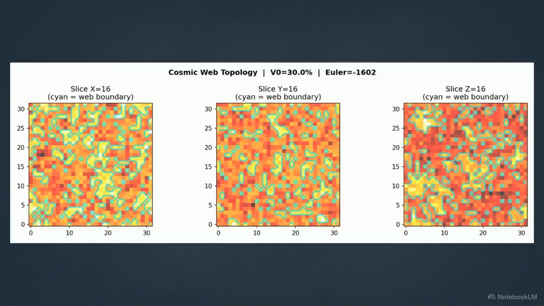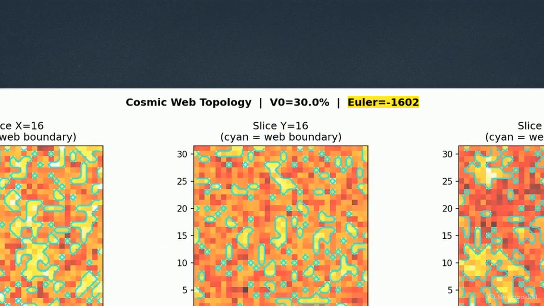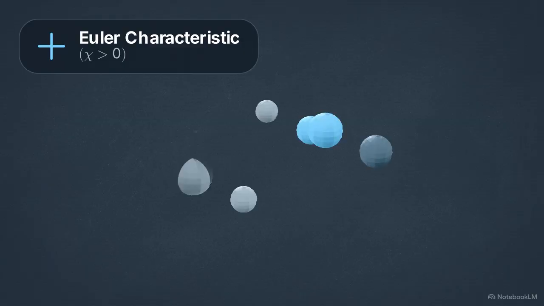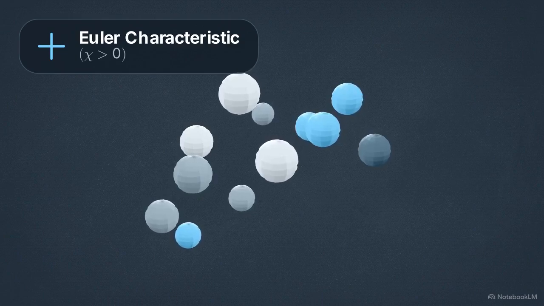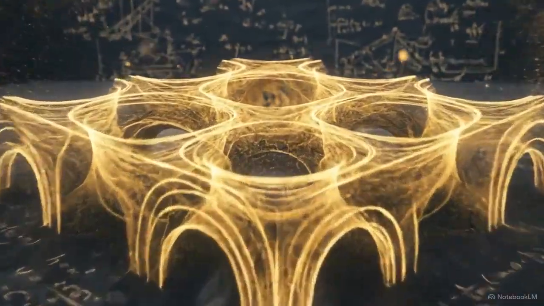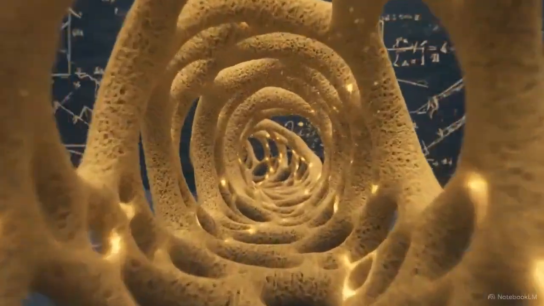The topology holds up under deeper analysis. Measuring the specific enclosed cavities and connecting tunnels formed by those boundaries yields an Euler characteristic of -1602. In Minkowski analysis, a positive Euler characteristic describes a universe of isolated, disconnected clusters. A deeply negative value proves the geometry is cavernous, interconnected, and highly percolating. The metrics confirm the outcome.